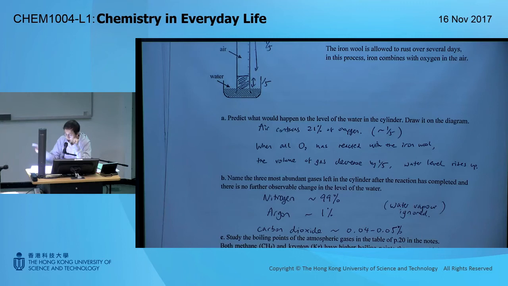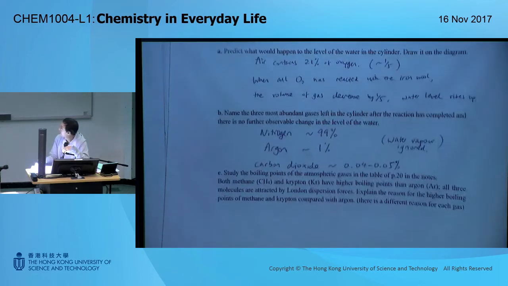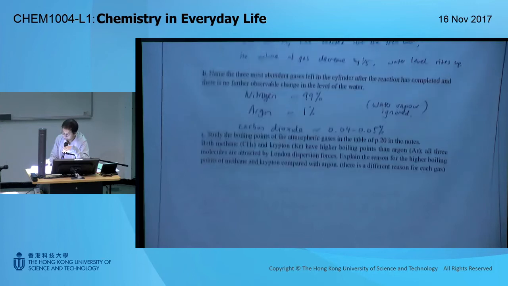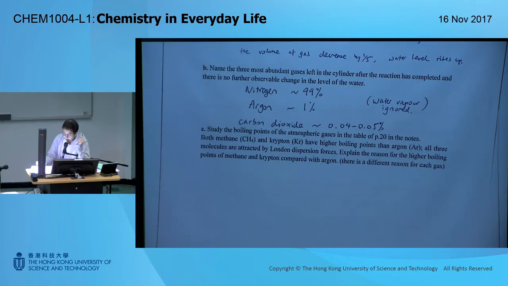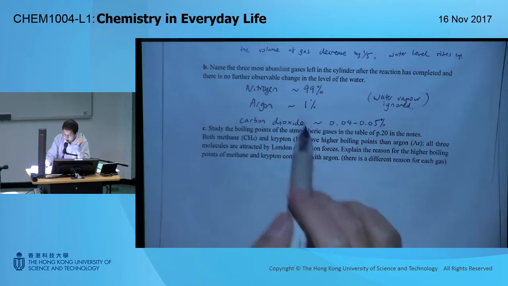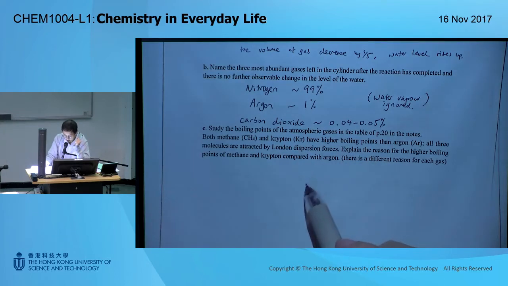Okay, if it is saturated with water vapor, then maybe around 4% of the air can be water vapor. So if you put water here as one of the components, then you can also get a mark. Should be acceptable as well as an answer.